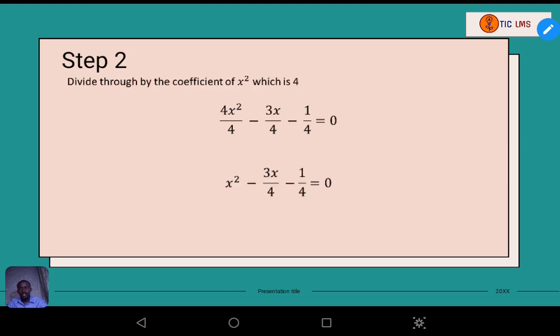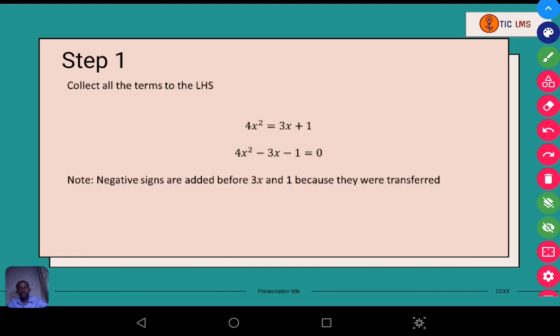Next step is to divide through by the coefficient of x squared, which is 4. It is important to note that when you are working on this question, you need to ensure that the coefficient of the highest power, which is x squared, is 1. Here x squared is the variable and the coefficient is 4.